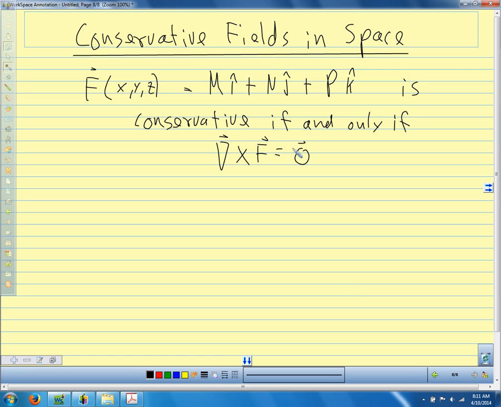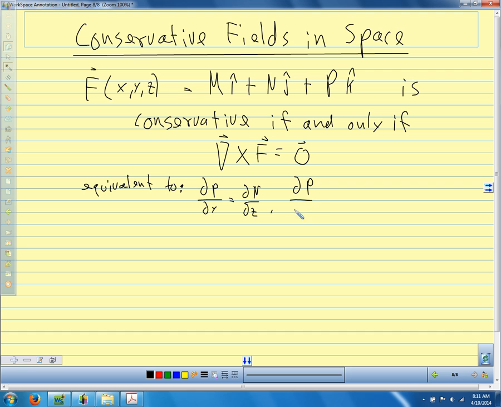This is equivalent to saying that the partial of P with respect to y equals the partial of N with respect to z.